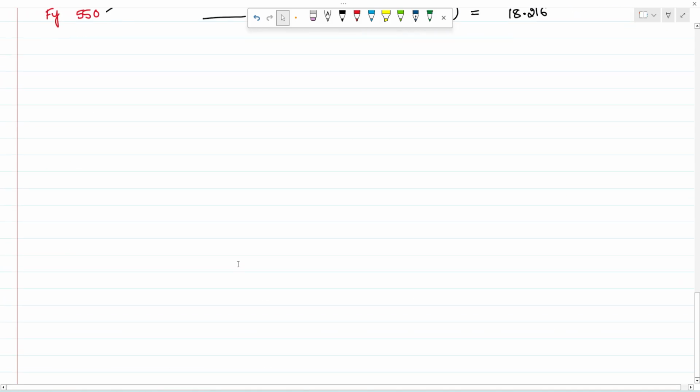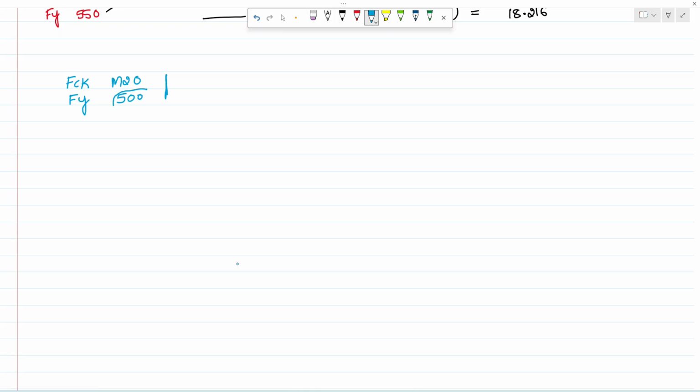For example, if we have grade of concrete as M20 and grade of steel as 500, for this case you can evaluate the limiting percentage of reinforcement. So first note down the equation for 500 grade.